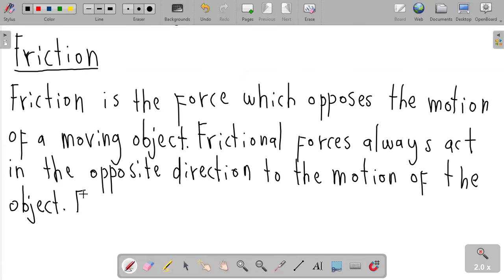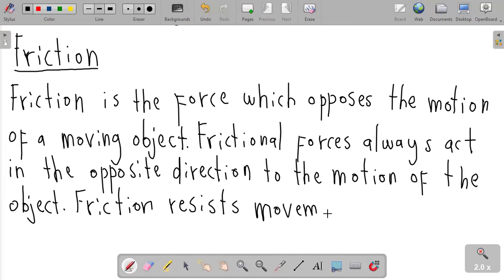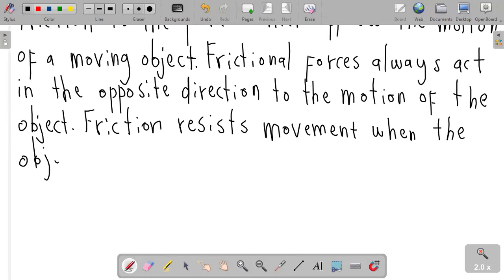So friction resists movement when the object and surface are in contact.